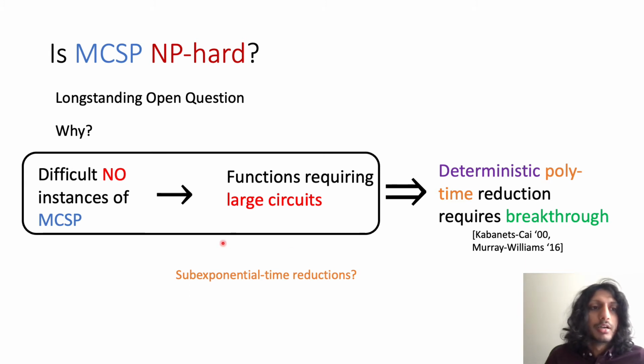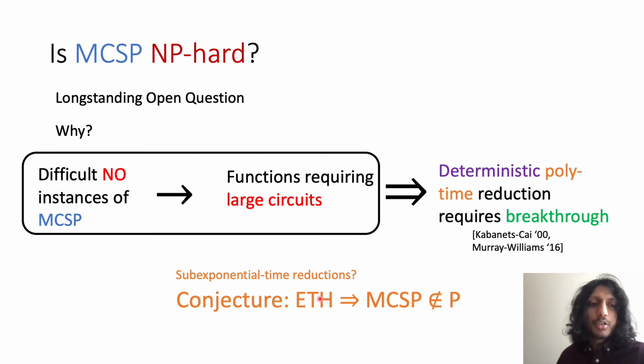In particular, if you go in and look at this connection here, you might wonder, if I'm aiming for a sub-exponential time reduction, you could hope to get away with only using functions that require linear size circuits. And we know functions that require linear size circuits, so it's not clear whether this barrier applies to sub-exponential time reductions.